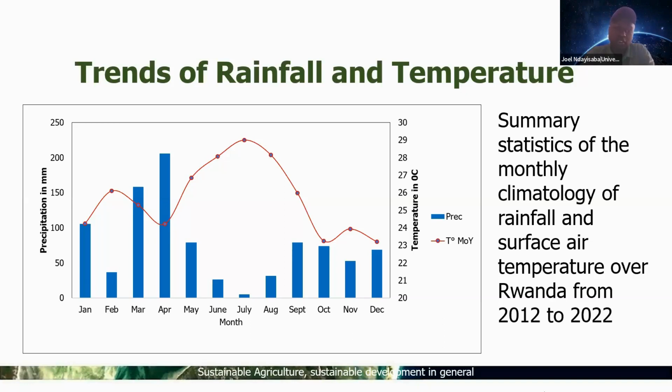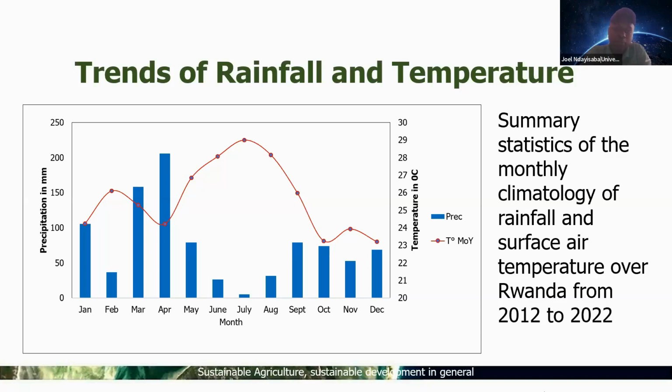Here I found that in Rwanda we have a rainy season and a dry season, where you have a short rainy season and a short dry season, and even a longer rainy season and a longer dry season. So here I found that our temperature is lowest in July.